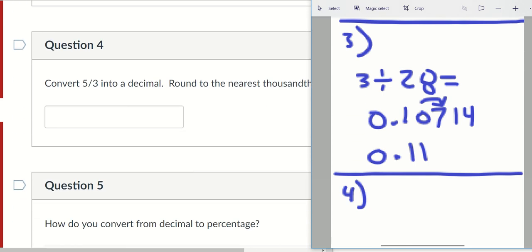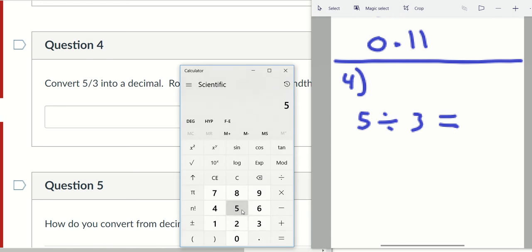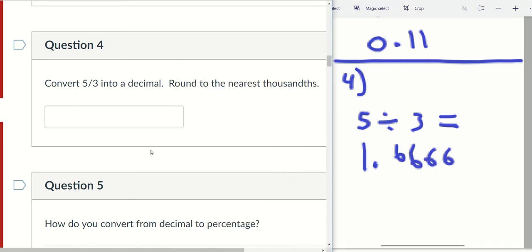Number 4. We got 5/3. Round to the nearest thousandths this time. So let's do 5 divided by 3. It gives us 1.6666, but they want us to round to the nearest thousandths.